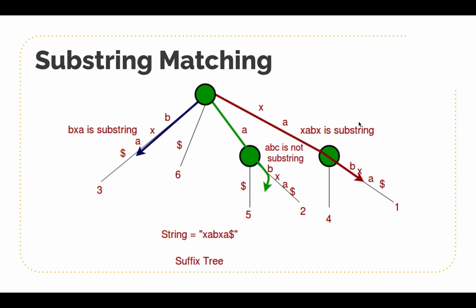If we have the text XABXA$, we can see that on the left, BXA is a substring, and all the way on the right, XABX is also a substring. But if we try to search for the pattern ABC, we will fall off the tree, and we can see that that pattern does not exist in the text.